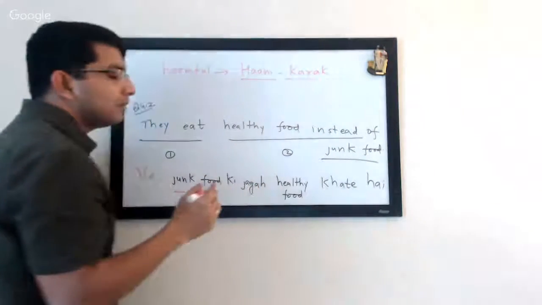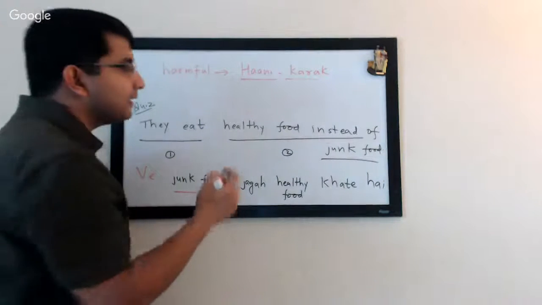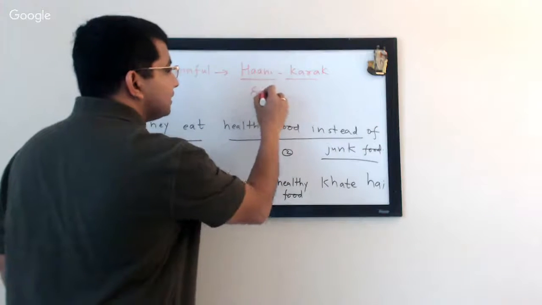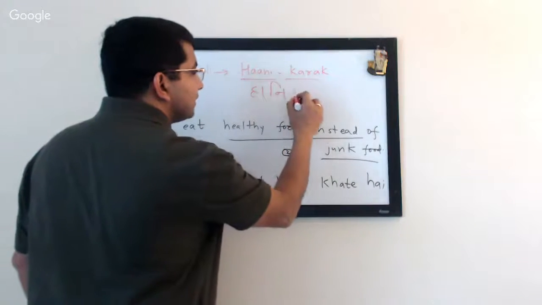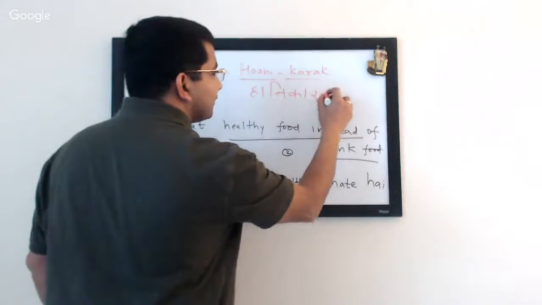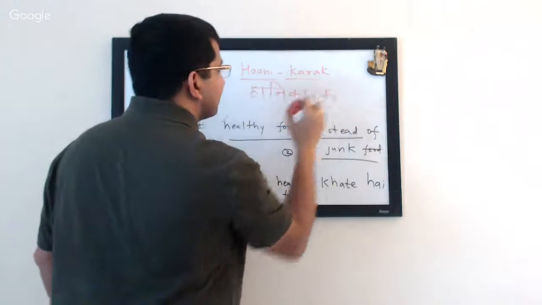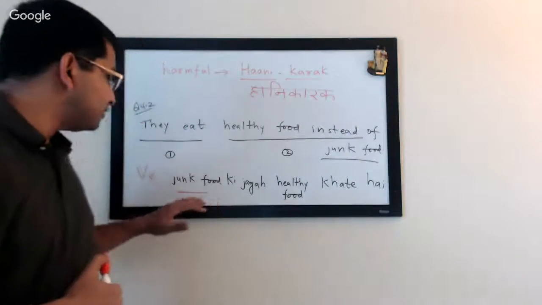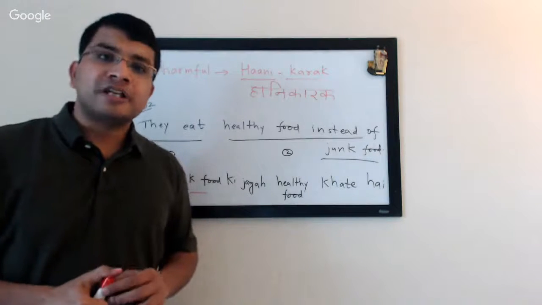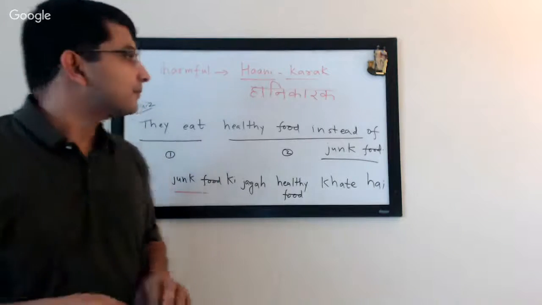Karak is like source of. So it's hani, ha with a, and na with e, ka with a, rak: hanikarak, right? So if I want to say simply junk food, I can also say hanikarak khana.